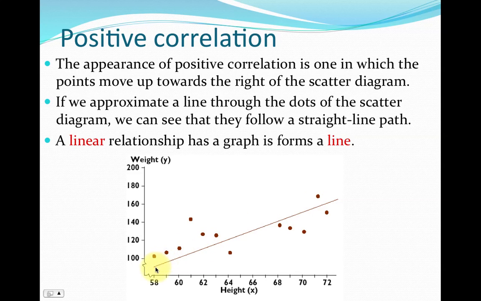So we can position a perfectly straight line somewhere in the middle of those points, and we're going to see that these points generally move upward from left to right, because that line is sloping upward from left to right. When we use the word linear in mathematics, we're talking about a relationship in which the graph forms a straight line. So a linear relationship has a graph that forms a straight line.